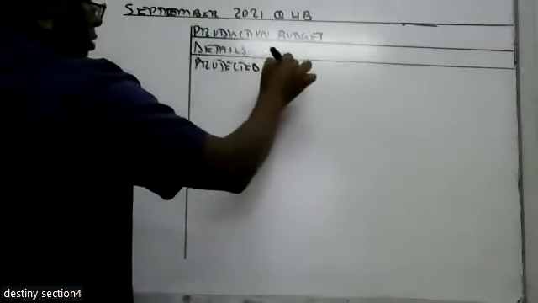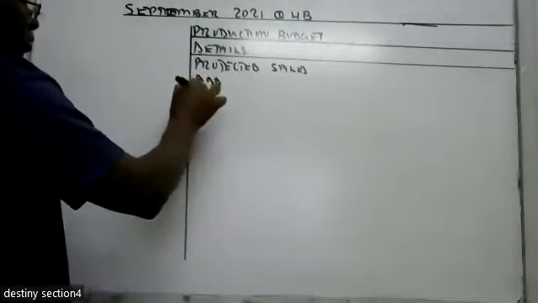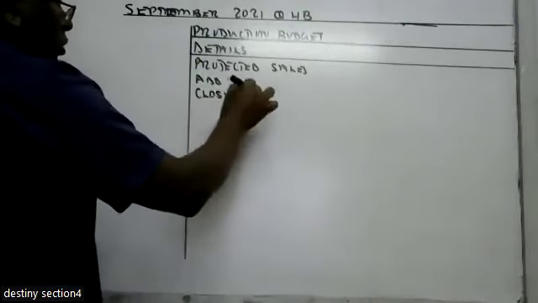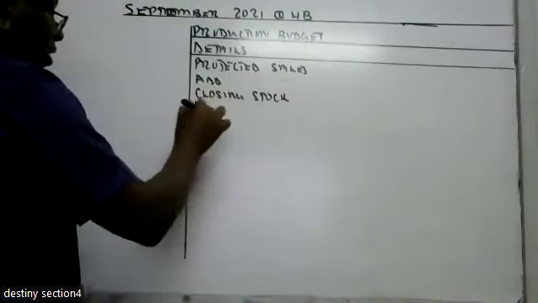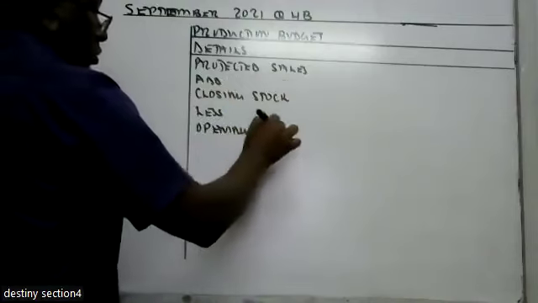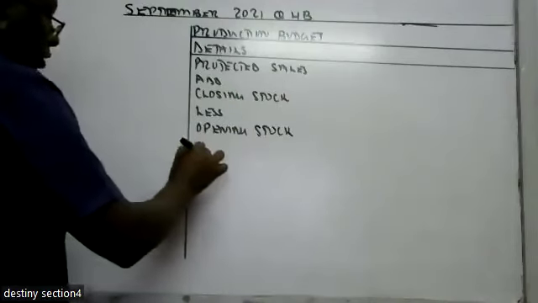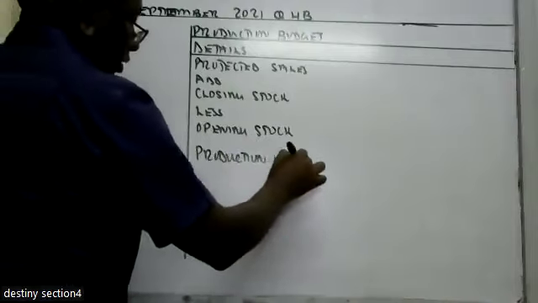Projected sales, you add closing stock, less opening stock, get production units.